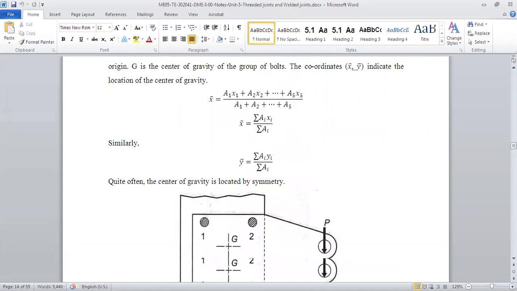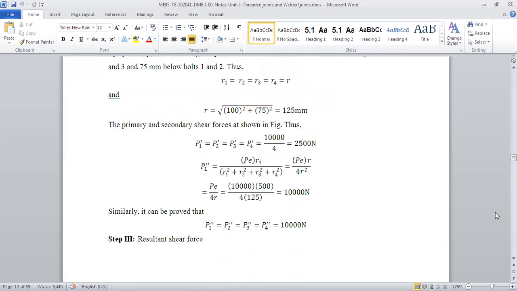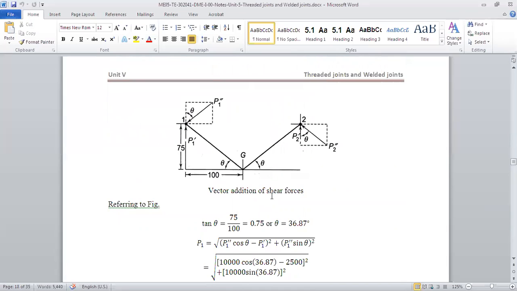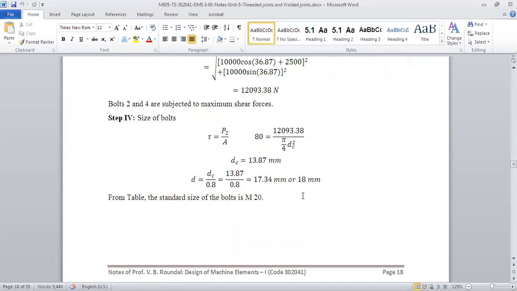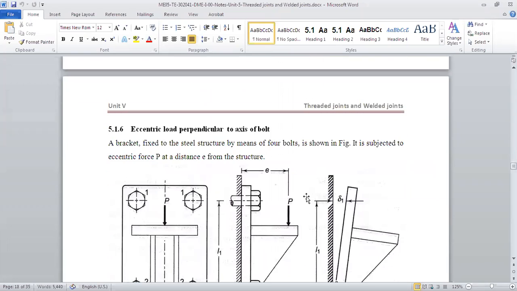There were two shear stresses, primary and secondary. Primary because of the direct shear, secondary because of the torsion, so twisting. We combined those, and because both of them were direct shear type stresses, we added them to find out the diameter.